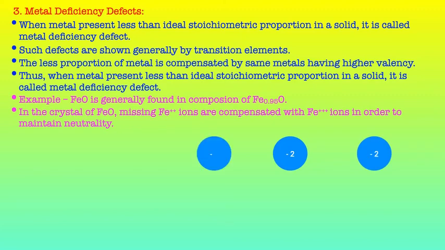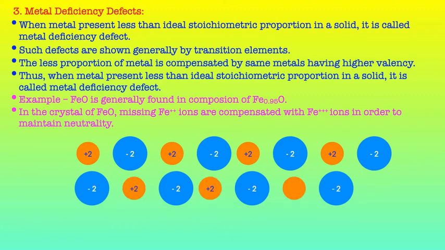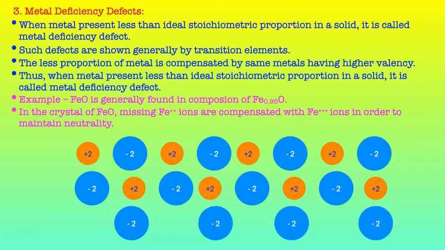Let us see with the help of a diagram. We first constitute an ideal crystal here, with rows of 2+ and 2- ions.